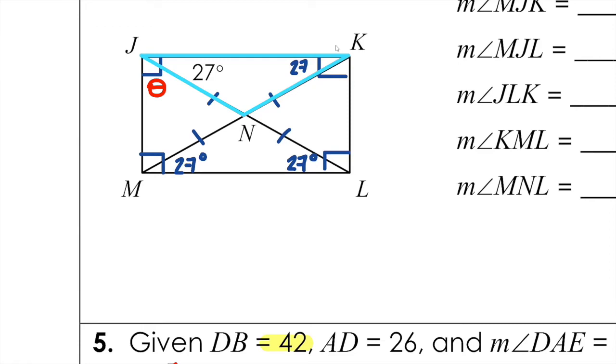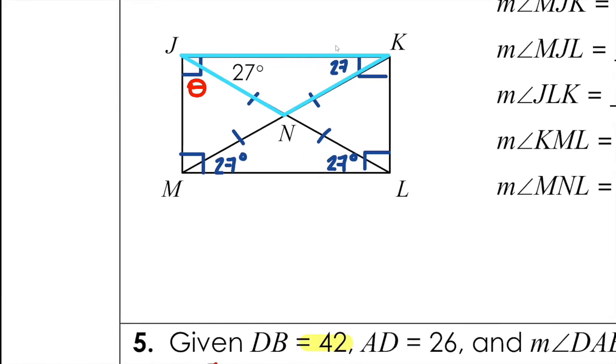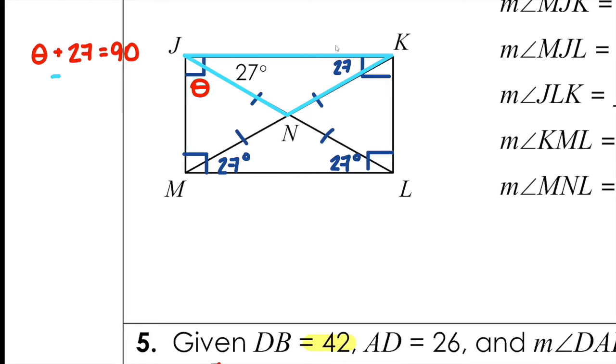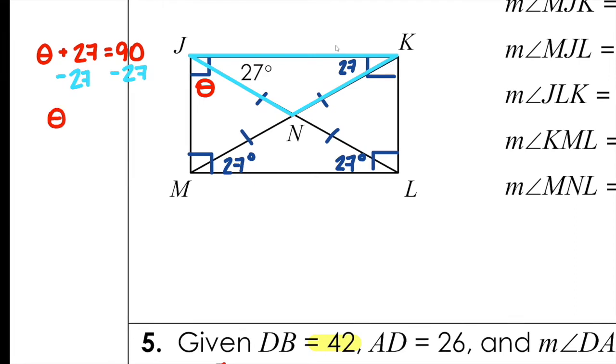What does it mean to be complementary? Their sum equals 90. So theta plus 27 equals 90. Subtract 27 from both sides. So that angle is 63.